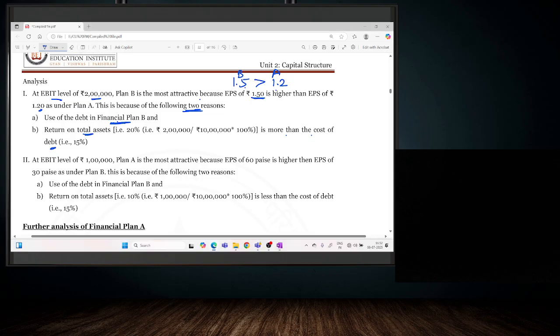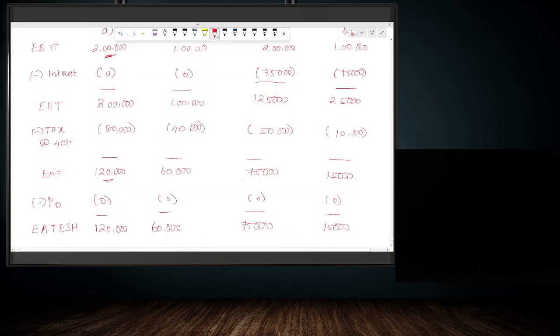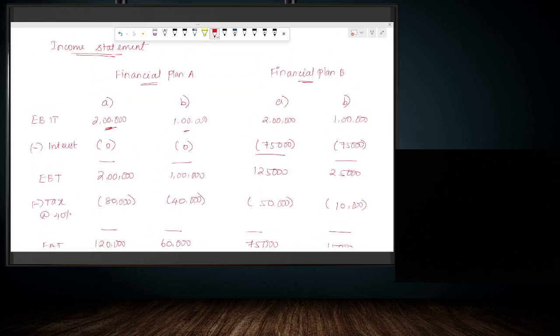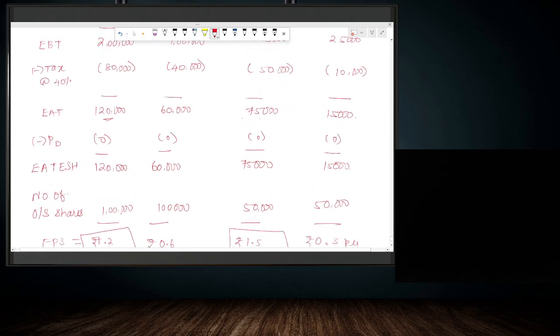Now look at the second point of the analysis. At EBIT level of 1 lakh rupees, when EBIT of the company is 1 lakh rupees, plan A is the most attractive because EPS is 0.6, which is higher than the EPS of 0.3 under plan B. Now let's say EBIT of the company is only 1 lakh rupee. What is the EPS under plan A? 0.6.